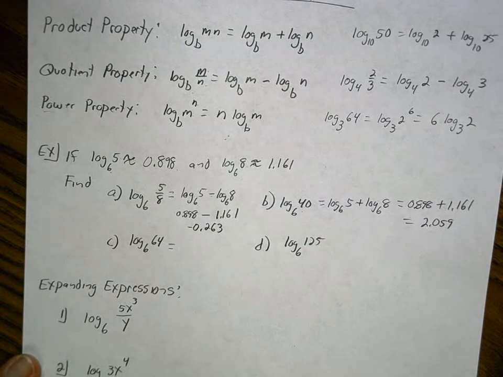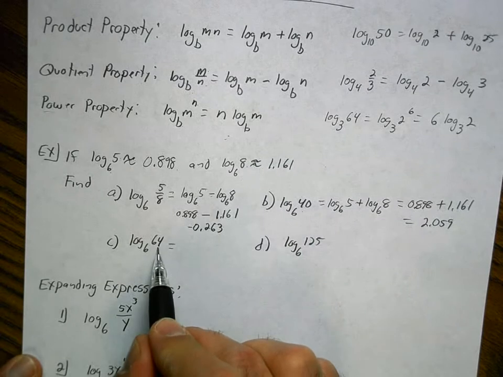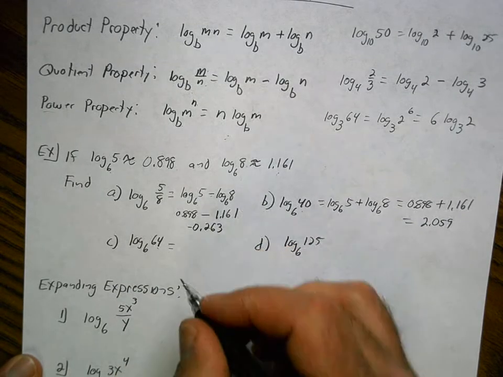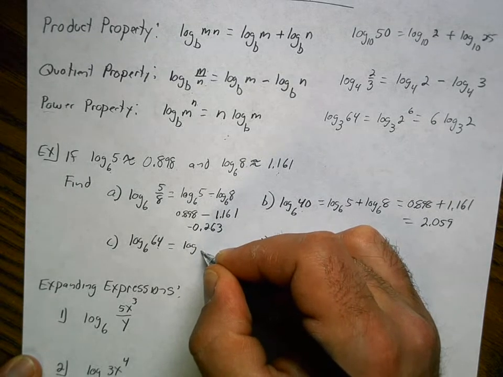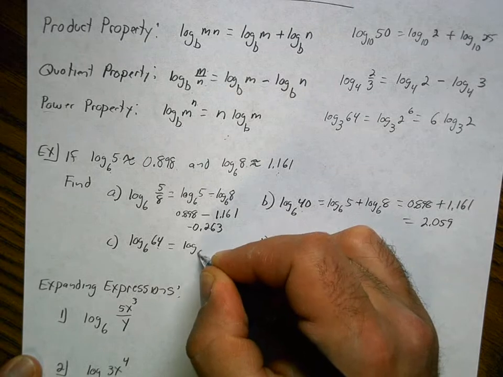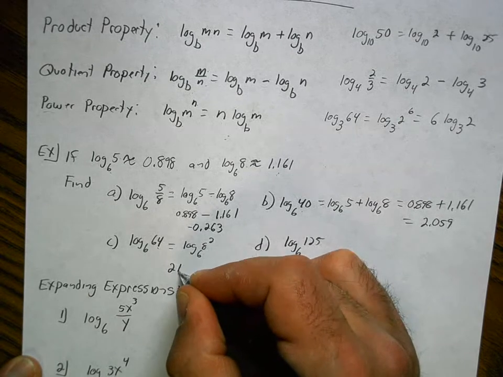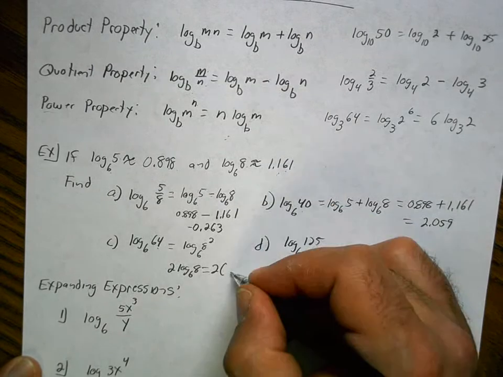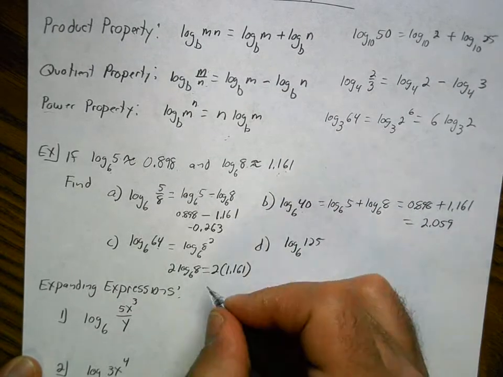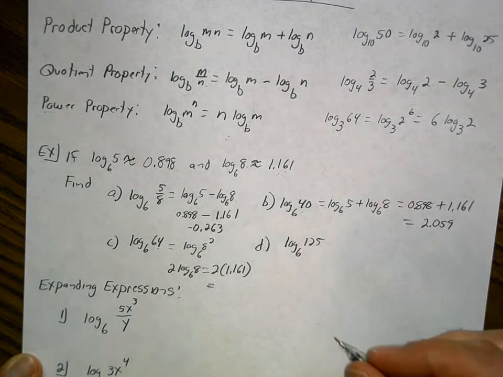This one I could do a couple ways. I could go 8 times 8 and just add this twice, or I can change it to log base 6 of 8 squared, and then I can write the 2 in front, so I get 2 log base 6 of 8, so that's 2 times 1.161, which is 2.322.